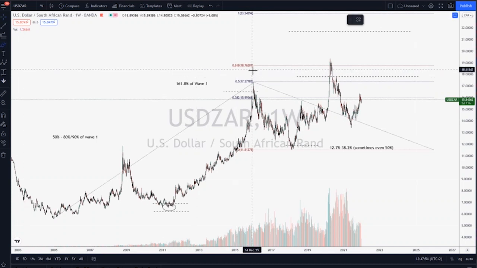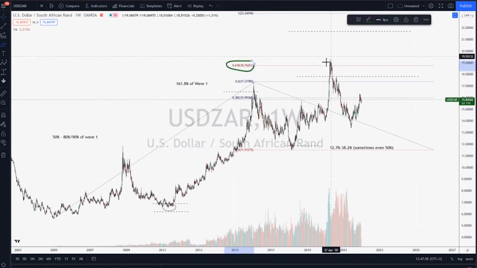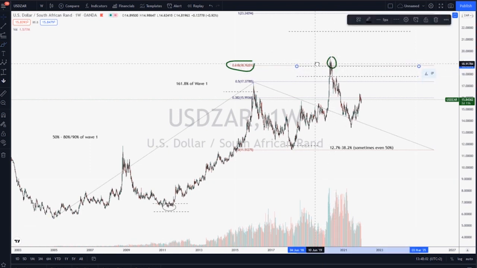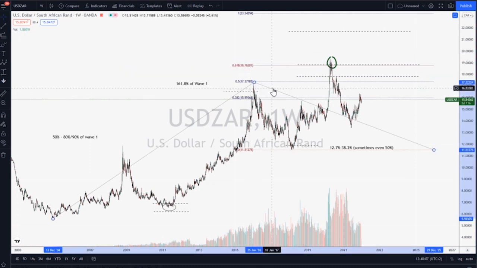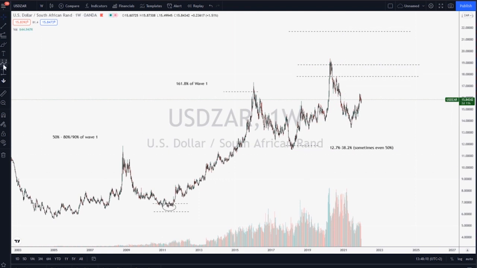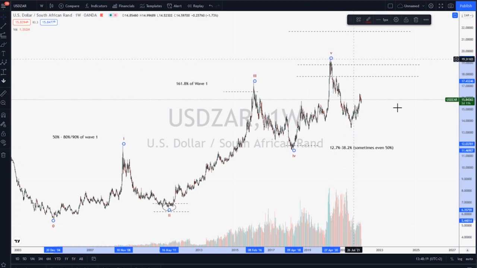And in this case, we see that the 618 extension of wave 1 to 3 was the perfect extension and the perfect target to be used in this case. So I will just identify that there. And now we can do the very last thing, which is number our waves. 1, 2, 3, 4, 5.